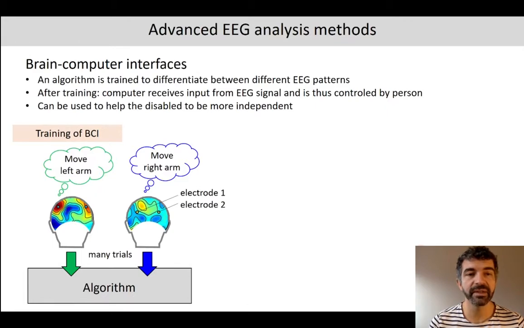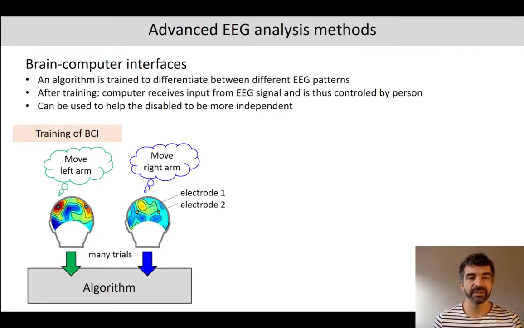And then after the training, the computer receives input, new data from the EEG system, and then can be controlled by a person who is using their thoughts to induce different EEG signals, and then as a result also induce different signals into the computer. So this can, for example, be used to help disabled people to be more independent.